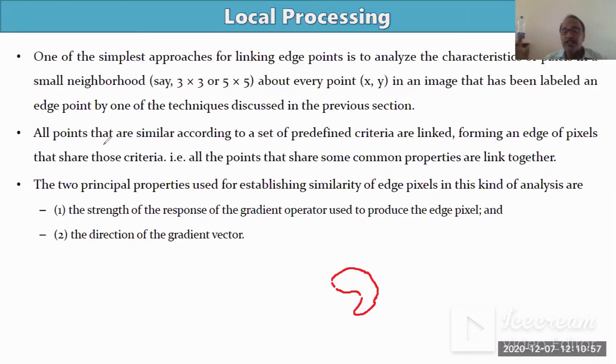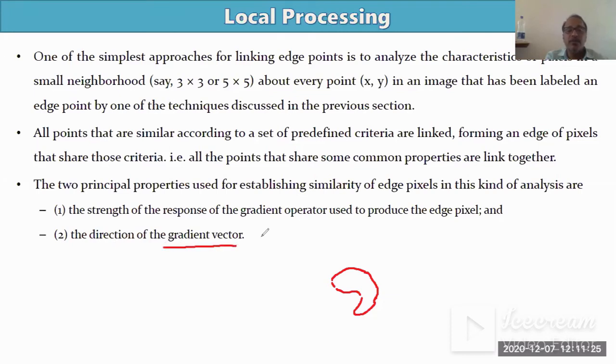So based on such a criteria, we can link the edges, we can remove the breaks in the edge. So there are two important properties which are used for establishing similarity of edge pixels in this kind of analysis. First is the strength of response of the gradient operator used to produce the edge pixel, and second is the direction of the gradient vector.